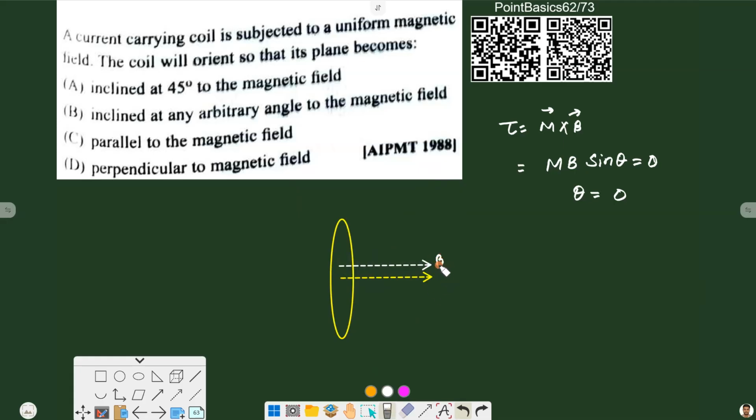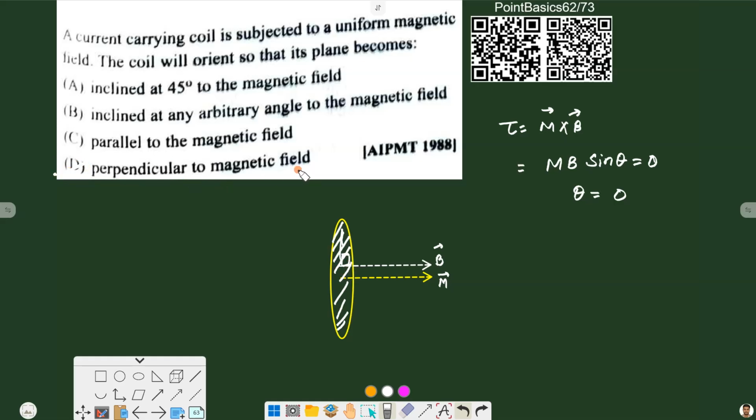These two are parallel; only then we have torque 0 and a stable condition. In this condition, the plane of the coil is at 90° with respect to the magnetic field. So option D, perpendicular to the magnetic field.